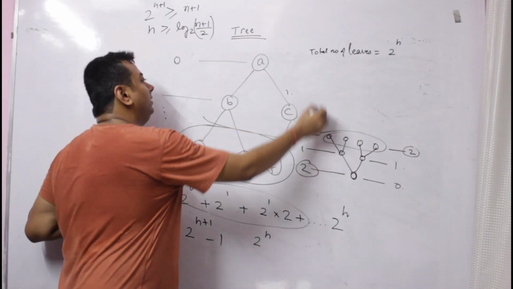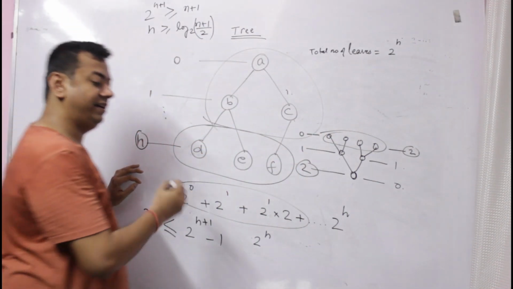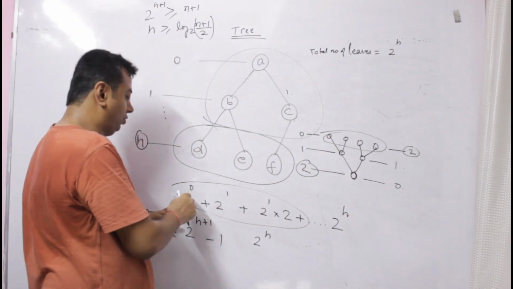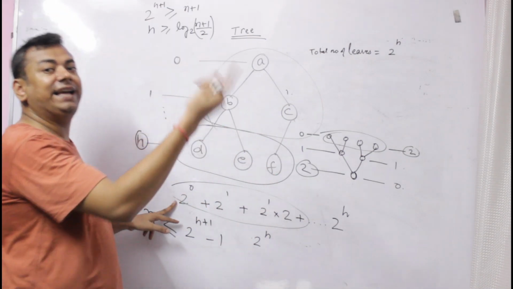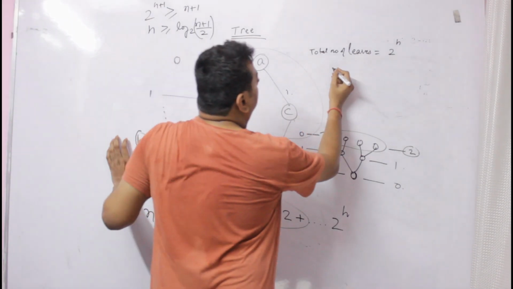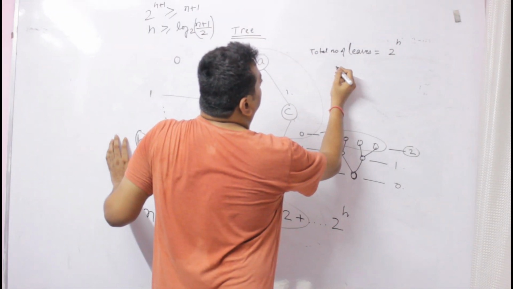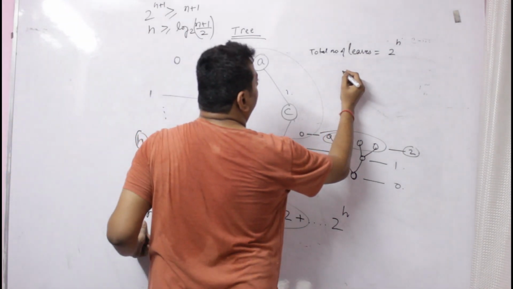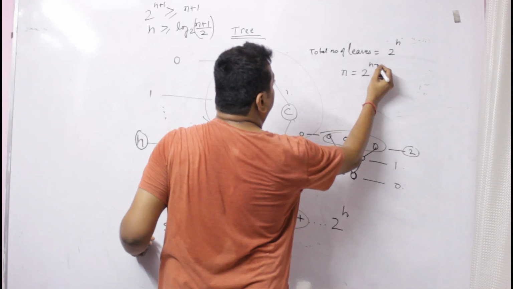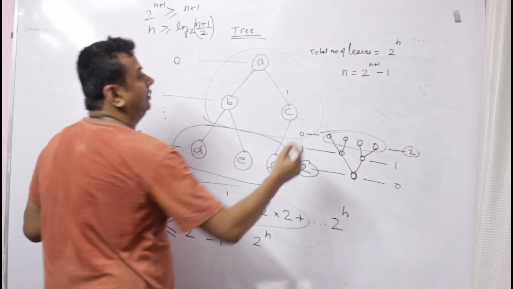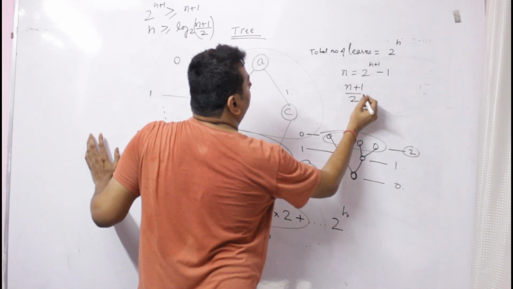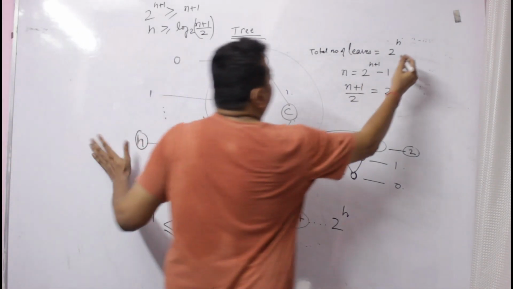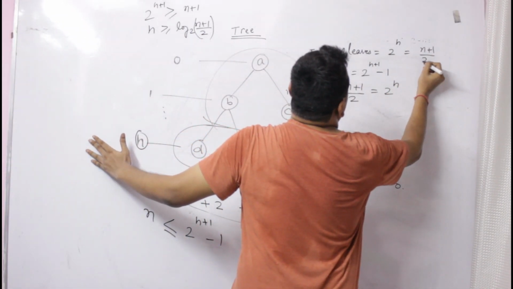In the internal nodes, the total number of elements will be 2 raised to power 0, plus 2 raised to power 1, till 2 raised to power h minus 1. So let us first compute the total number of leaves. We have the formula here, n is equal to 2 raised to power h plus 1 minus 1. We can write it as, fine. So the total number of leaves is (n plus 1) by 2.